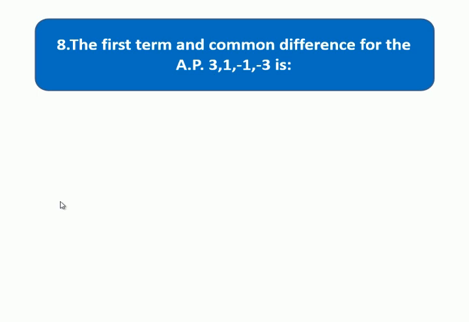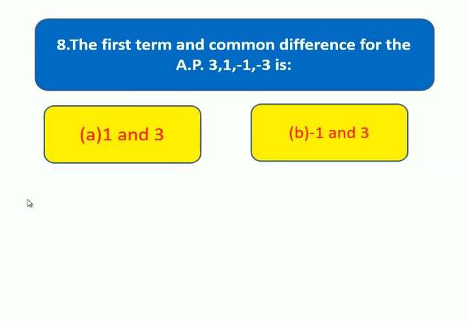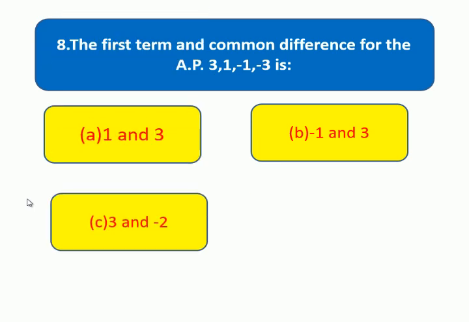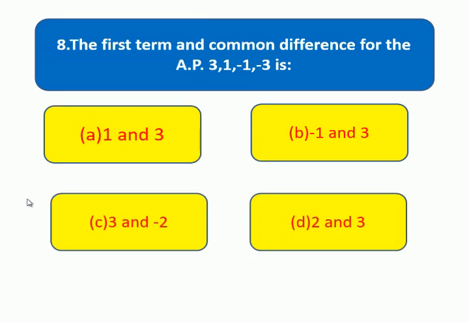The first term and common difference for the arithmetic progression 3, 1, minus 1, minus 3 is. You have to find the first term and common difference. The options are 1 and 3, minus 1 and 3, 3 and minus 2, or 2 and 3. You have to calculate and find the correct one, either A, B, C or D, and write it down on the paper. Okay, now move on to the next question.